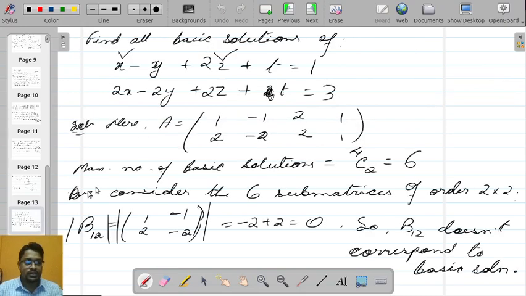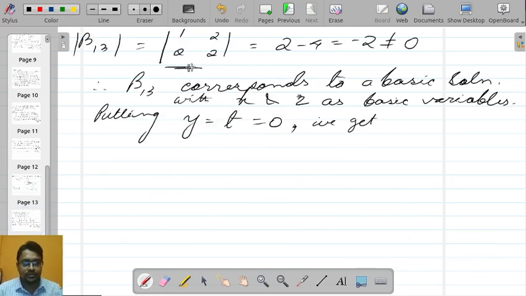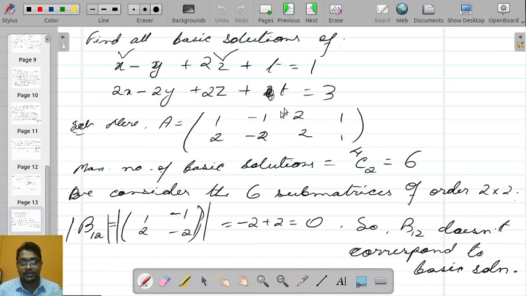So what do you get? We can write it from the matrix itself. We get 1 2 2 2 multiplied with x z equal to the right hand side 1 3.